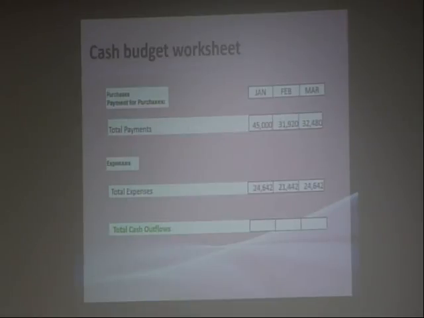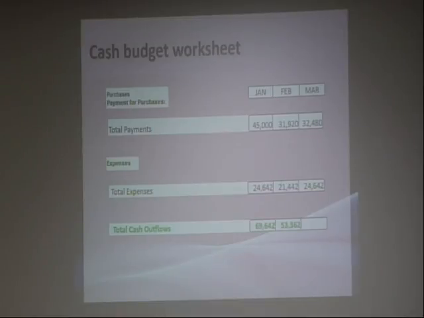Okay. We're running down to the bottom now of the cash budget worksheet. So here's what we've got going. If you'll recall, we had $45,000 worth of payments for cost of goods sold. Now we have $24,000 worth of expenses. So our total cash outflows in January are budgeted at $69,642.